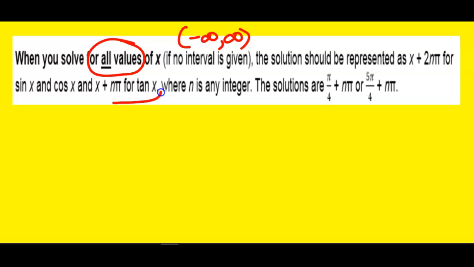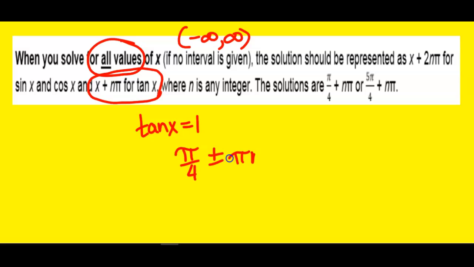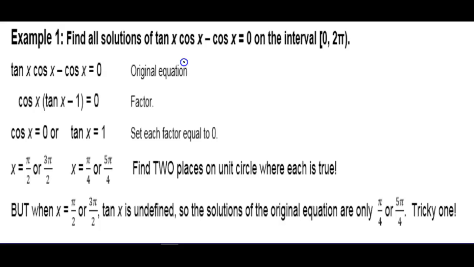If it happens to be a tangent, tangent repeats every pi. So if it said, where is the tangent equal to 1, you could say it's at pi over 4 and straight across, pi later, and every pi after that, okay?